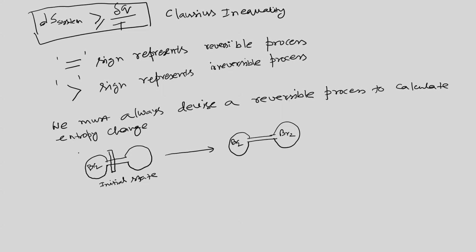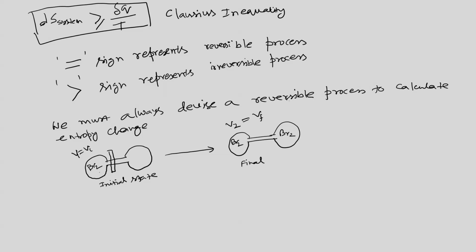V1 is the initial volume, the volume of this bulb, and V2 is the final volume, the sum of the volumes of bulb 1 and bulb 2.